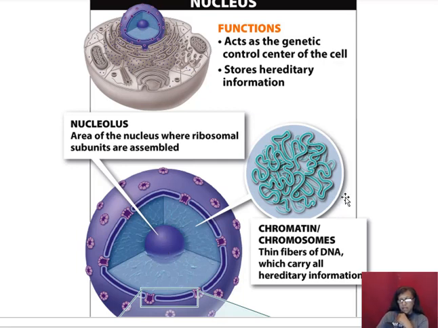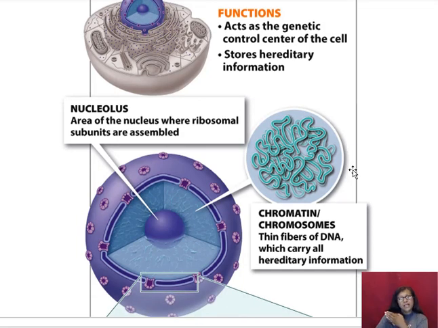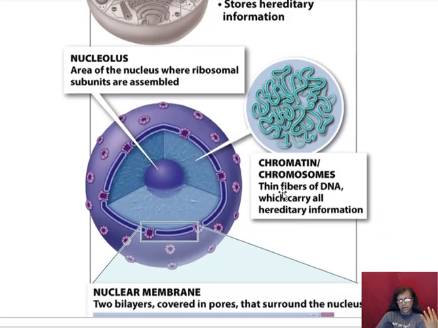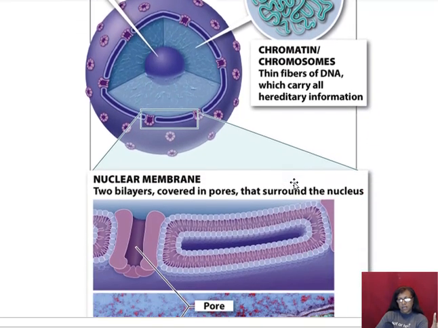Really cool, right? And then they're exported outside of the nucleus and they go to the rough endoplasmic reticulum. Now, inside the nucleus, you can see in this blow-up picture, we've got chromatin and chromosomes. And these are thin fibers of DNA which carry all the hereditary information.